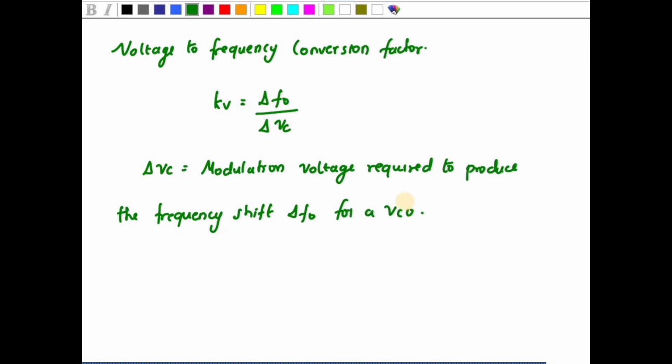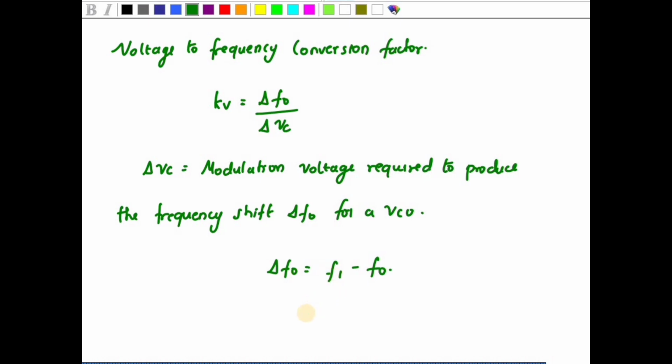Let me assume my original frequency is F naught, so this del F naught represents F1 minus F naught. This is my original frequency, and this is how far it differs from my new frequency.